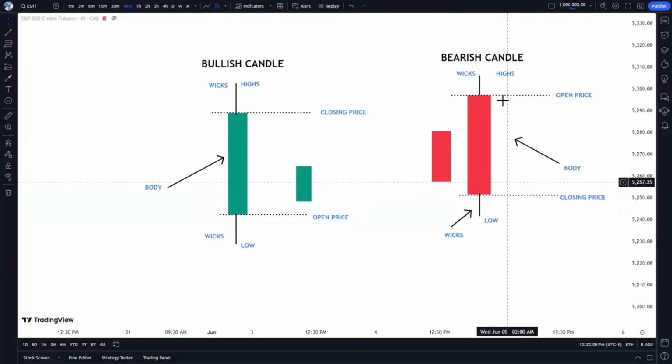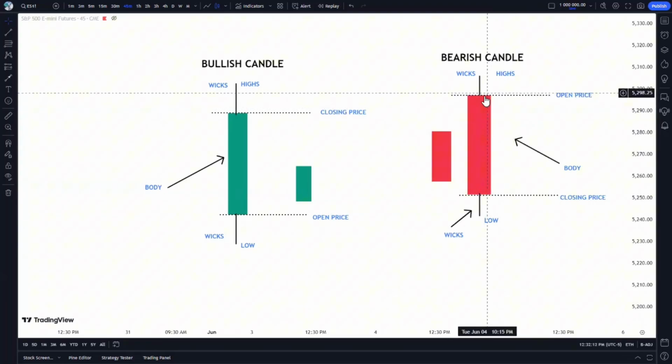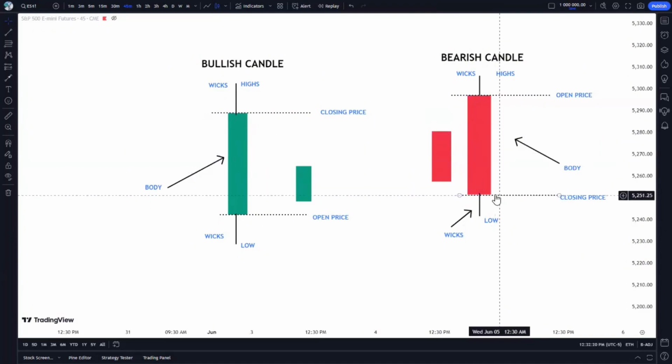And remember, on these bearish candles, the top part of the body is the opening price, and where the body closed is the closing price. That's for the bearish candle.